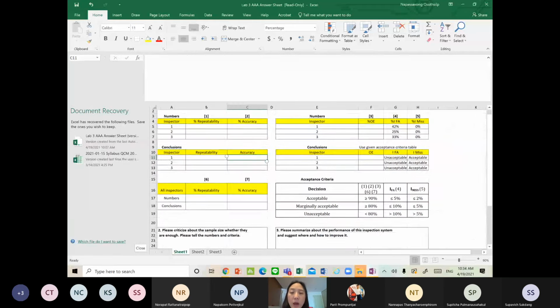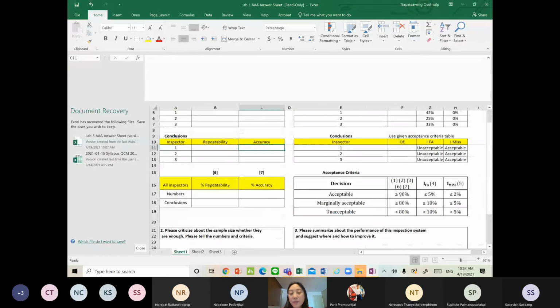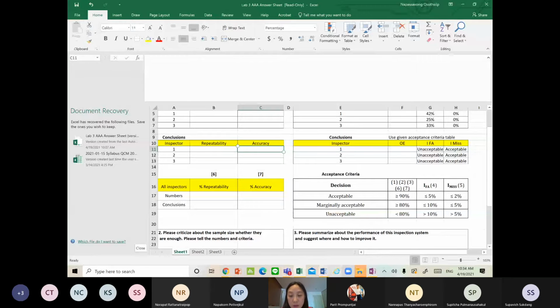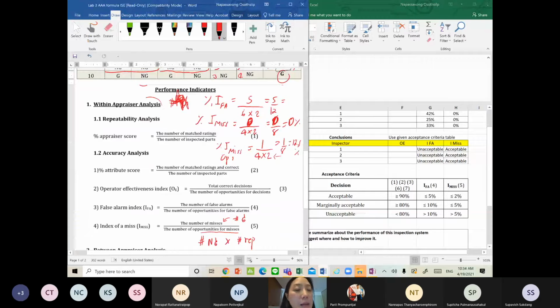Now we are done with what we call within appraiser. Come back to this one. Within appraiser analysis means that we appraise each operator separately in terms of accuracy and repeatability, and for error we look at the percentage of false alarm error and also miss error for each operator.